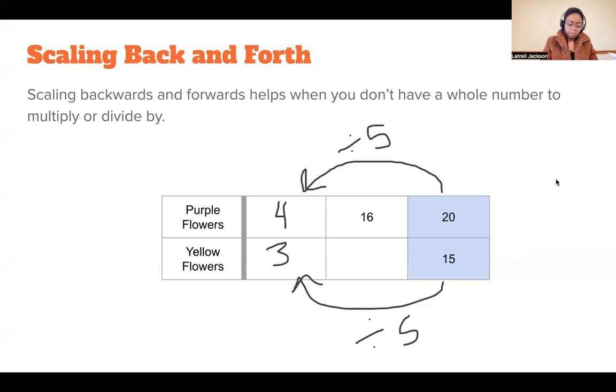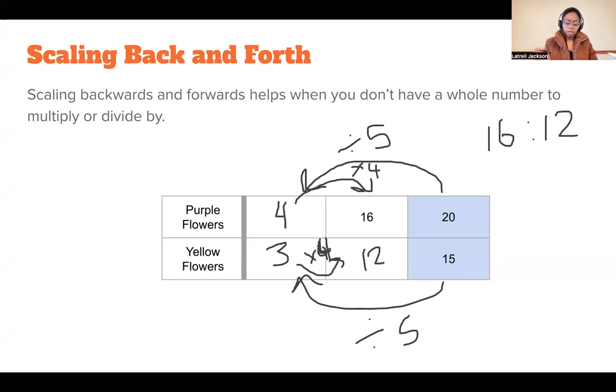So we can multiply 4 by 4 to get 16. 4 times 4 is 16, so we do the same thing with 3. 3 times 4 gives us 12. All right, so our new ratio is 16 to 12. 16 purple flowers to 12 yellow flowers.